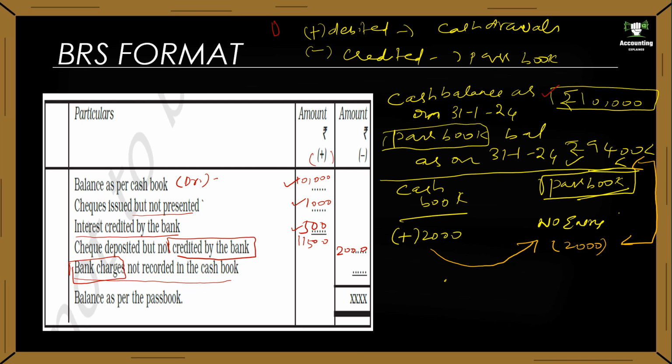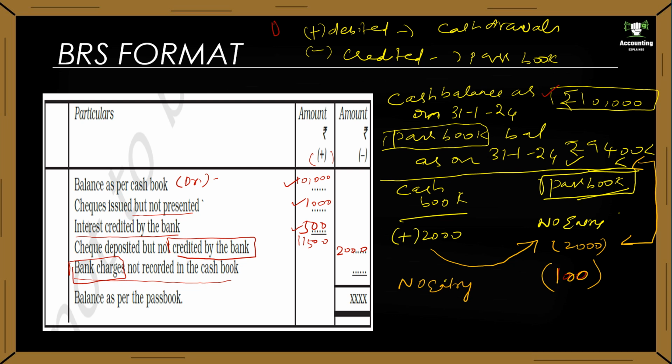So bank charges, suppose the amount is rupees 100, that is entered in the passbook, but no entry is passed in the cash book.